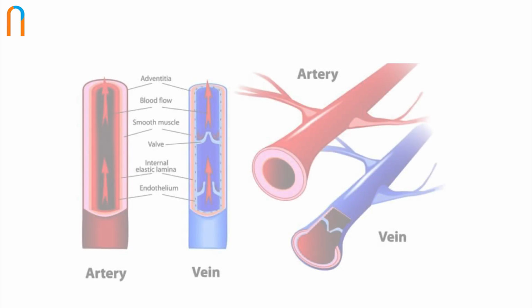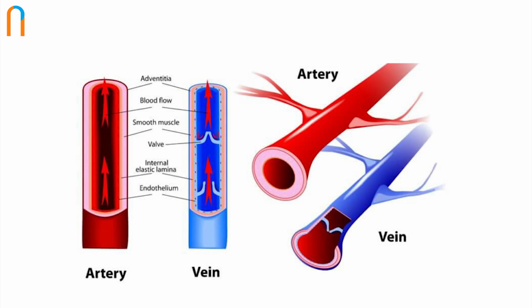Compliance describes how much its volume changes, delta V, in response to a given change in the standing pressure, delta P, which is the difference between the internal and external pressures on the vascular walls.